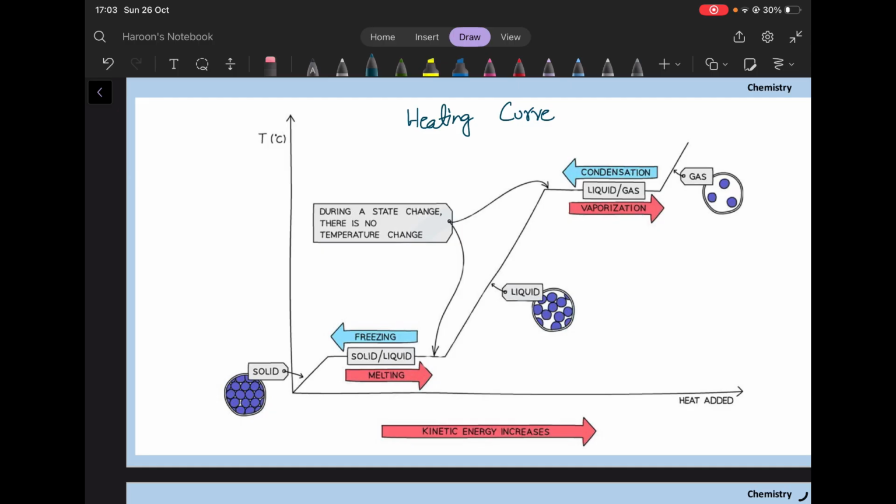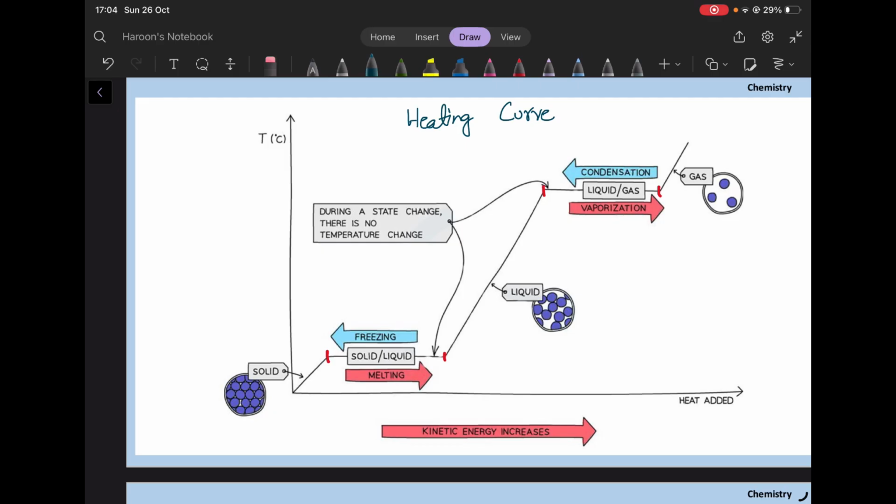So the horizontal parts of the graph that you see, basically this part over here, this part, and also the parts in between these two points that I have shown over here. So when we have horizontal lines in a heating curve or in a cooling curve, the horizontal lines would tell us that there is a change in state going on over here.